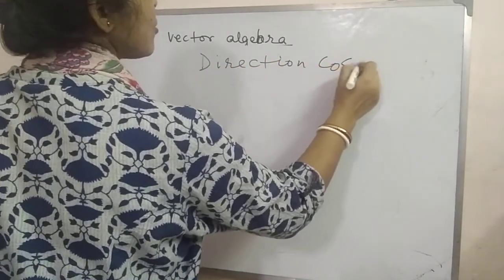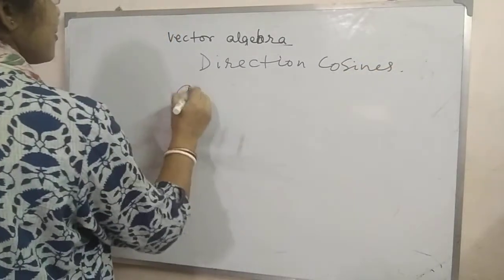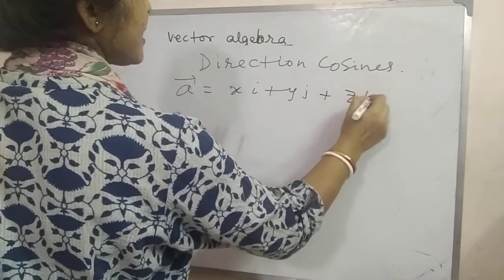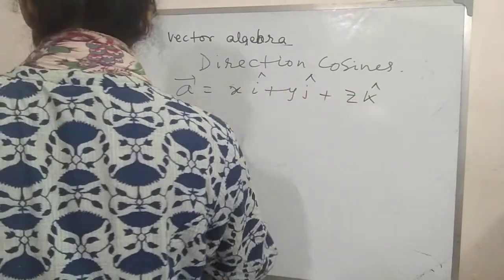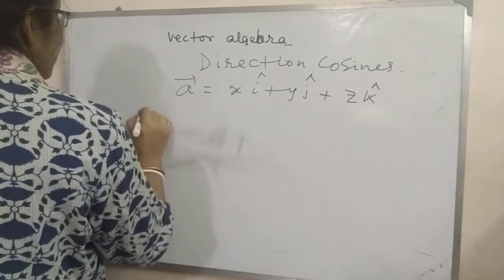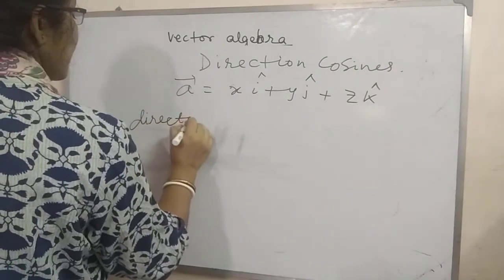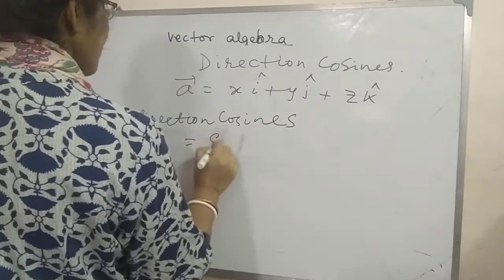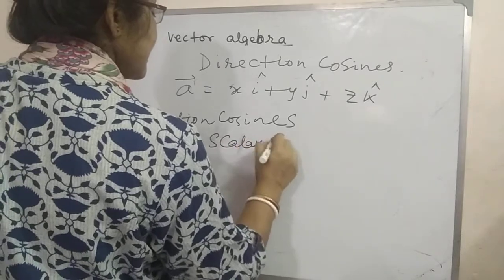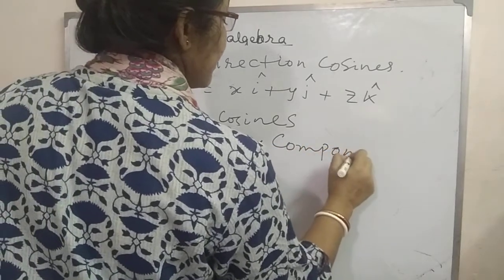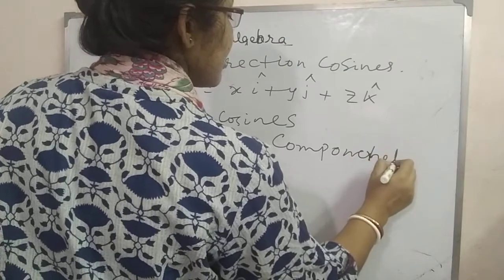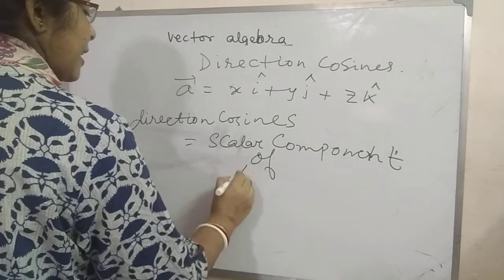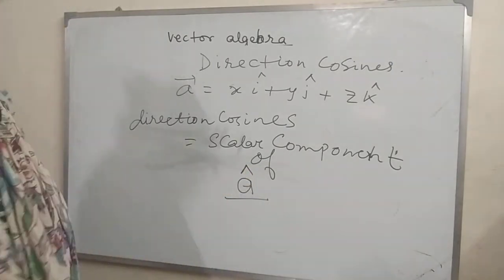Direction cosine. If a vector A equals xi plus yj plus zk, then the direction cosine equals the scalar component of a cap, that is the unit vector.